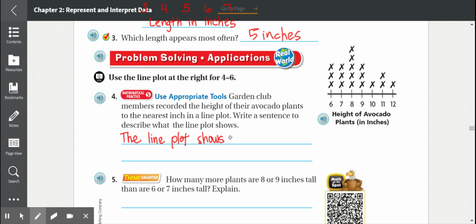The line plot shows that plants were 6, 7, 8, 9, 10, and 11, and 12 inches long.